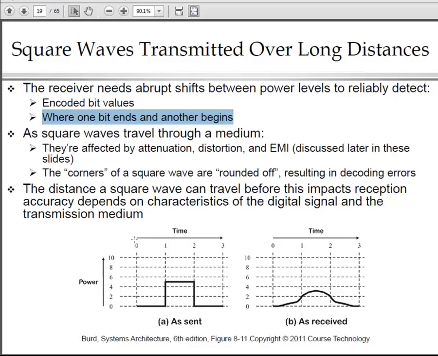In other words, these time marks for the sender and the receiver pretty much have to be the same. We'll later call this clock synchronization. But the bottom line is we both have to be counting time using exactly the same starting point and ending point, and we have to be dividing that time up into the same size slices, in order to accurately detect the high voltages and the low voltages.